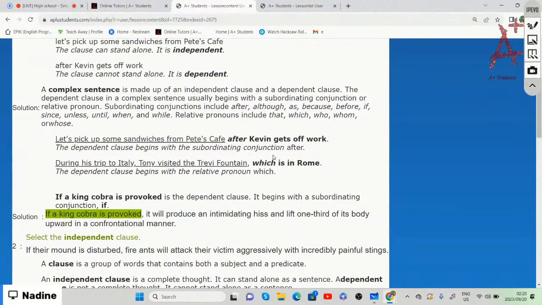The underlined words are the independent clause, but the words in bold are the dependent clause that begins with a subordinating conjunction, which is after.